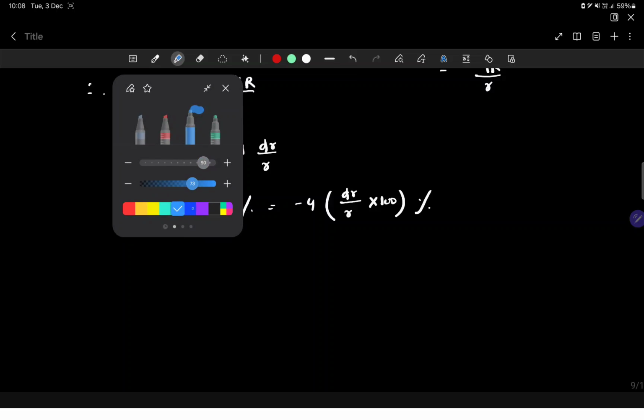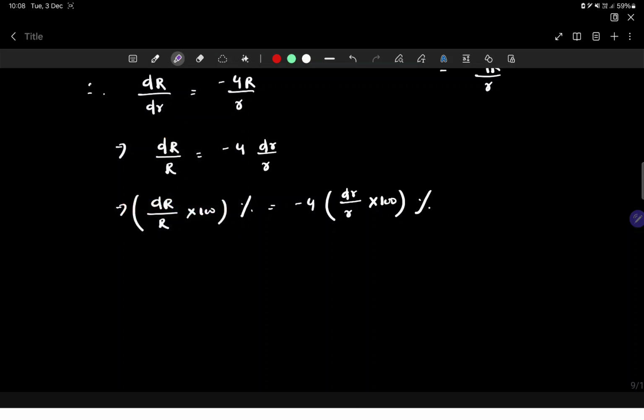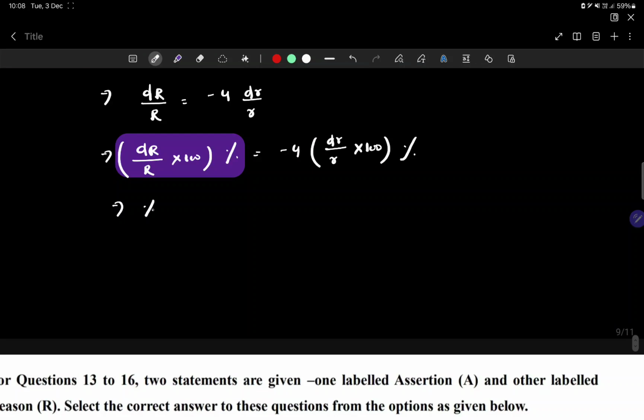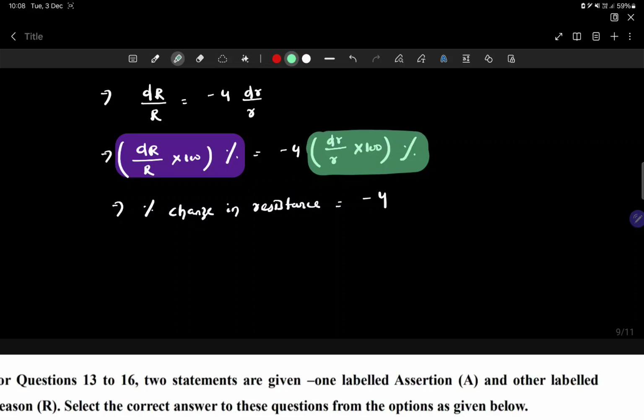So what is the meaning of d capital R by R into 100%? This is percentage change in resistance. So our formula is percentage change in resistance is equal to minus 4 into percentage change in radius.